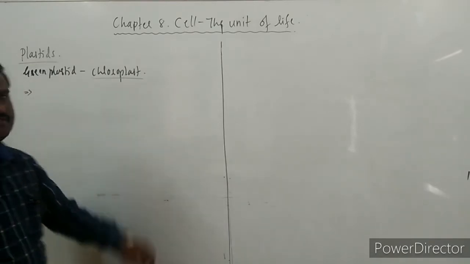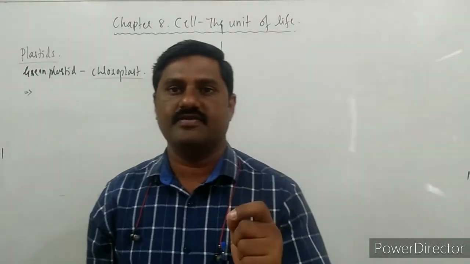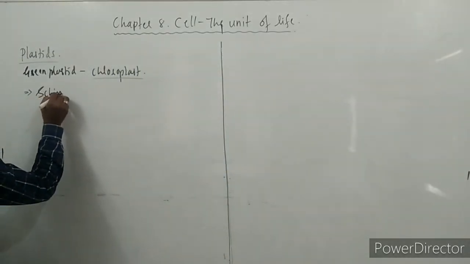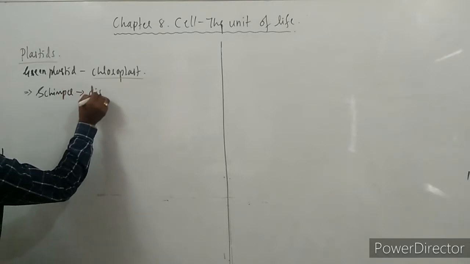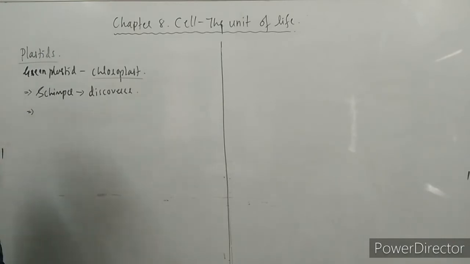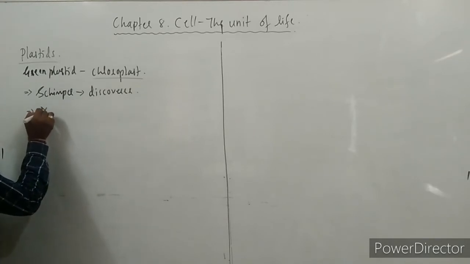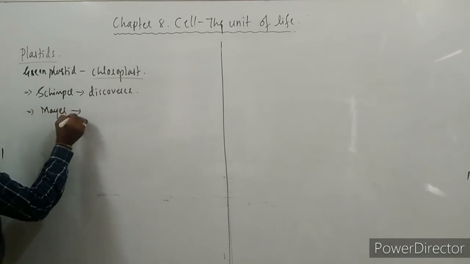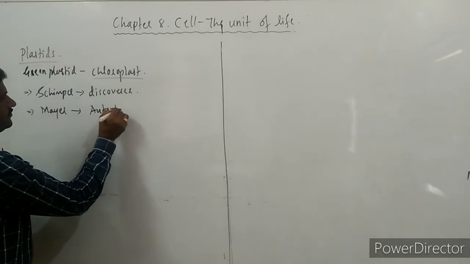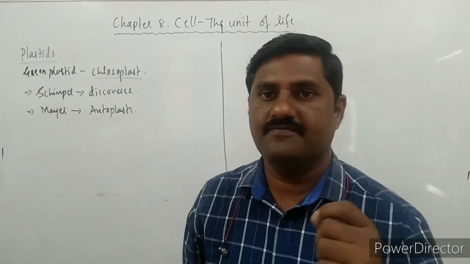These chloroplasts were first discovered in plant cells by Schimper, right? Schimper is the name of the discoverer, the one who discovered these plastids in plant cells. Meyer is the name of the scientist who called them autoplasts, the one who named them autoplasts for the first time.